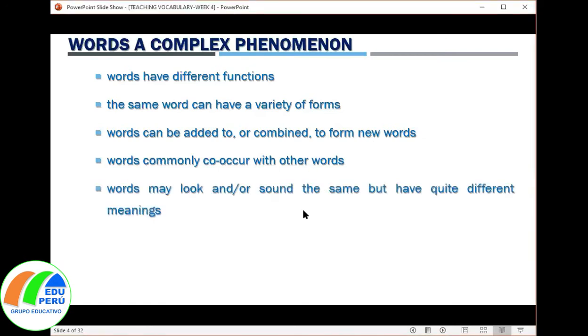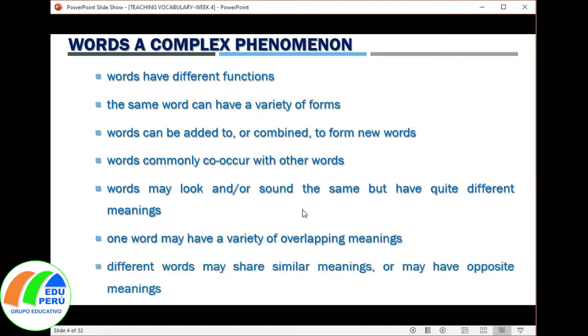Then words may look or sound the same but have quite different meanings. One word may have a variety of overlapping meanings. Different words may share similar meanings or may have opposite meanings. Notice here all the characteristics of words. That's why we say that they are complex, because we're going to have different functions with words, different forms. You can join words to make a new one.